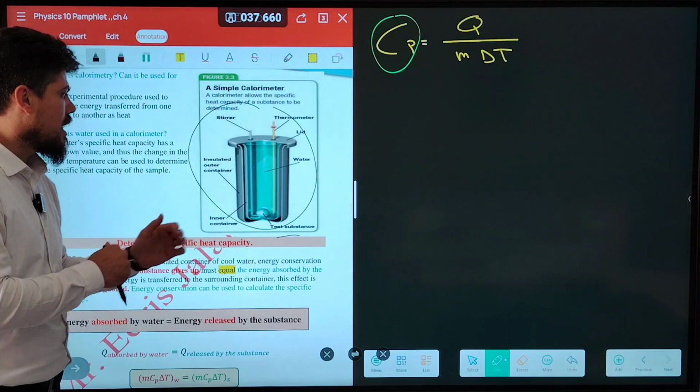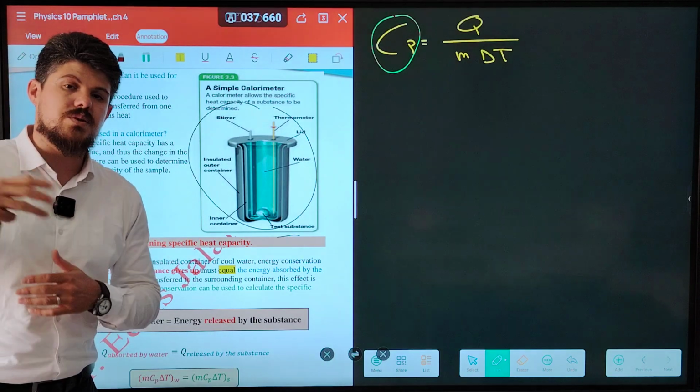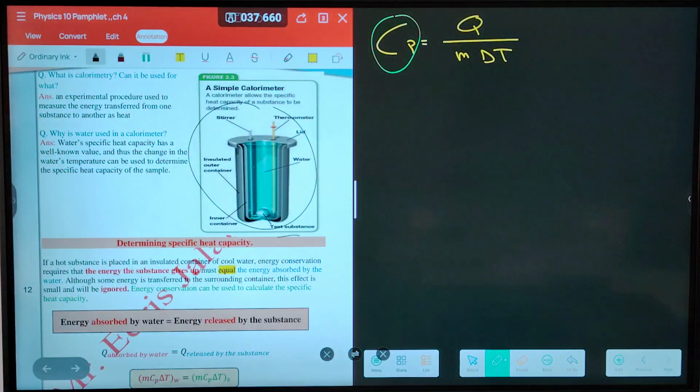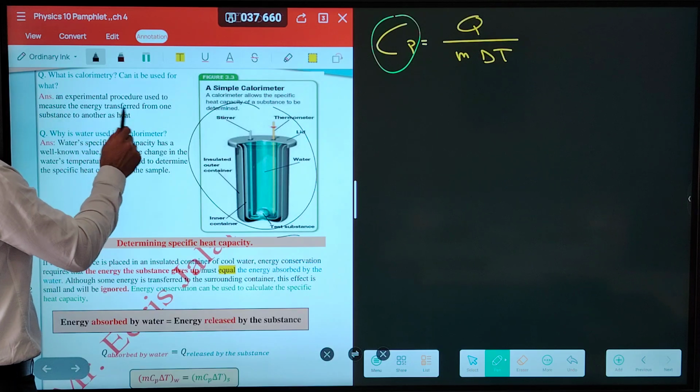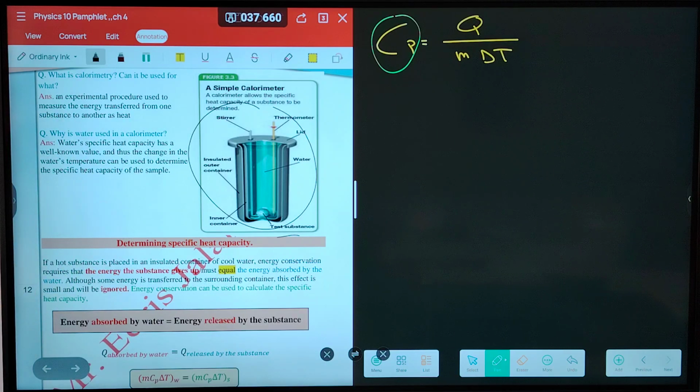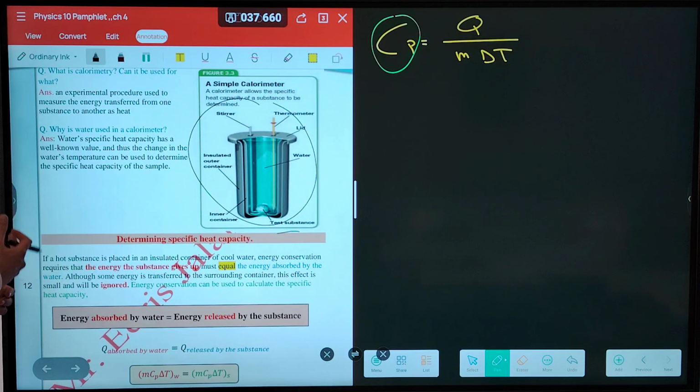So we have inner and outer containers to keep energy from transferring to or from the surroundings. It is an experimental procedure used to measure the energy transfer from one substance to another as heat. What can it be used for? To measure the energy transfer as heat.